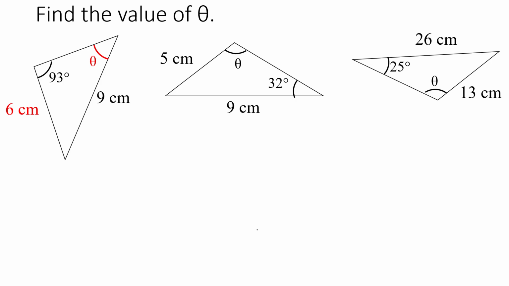Lastly, please try out these 3 questions. The first is very straightforward. For the second and the third, please be reminded that this is an obtuse angle. And this one is also an obtuse angle. So find the value of theta in the first, second, and third triangle.